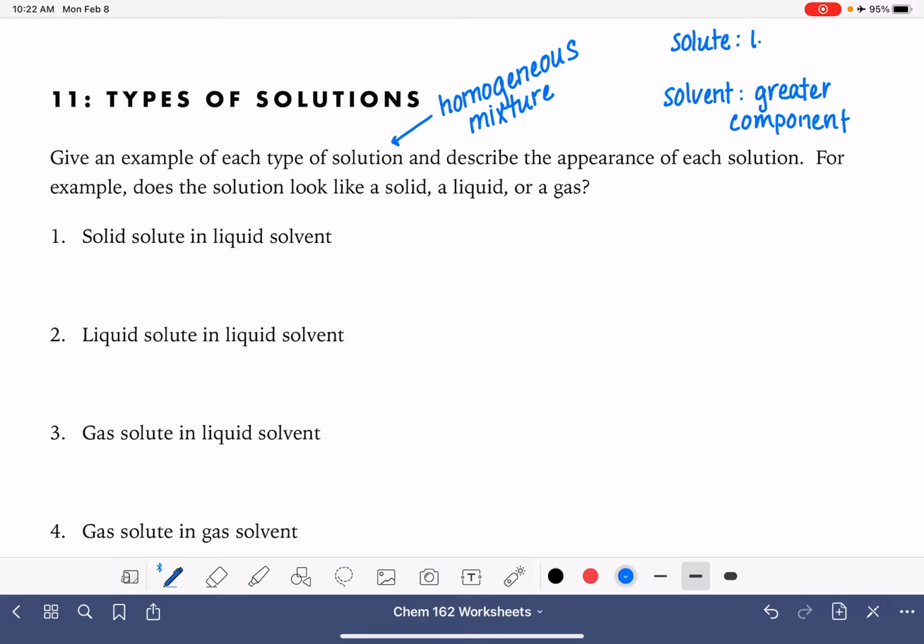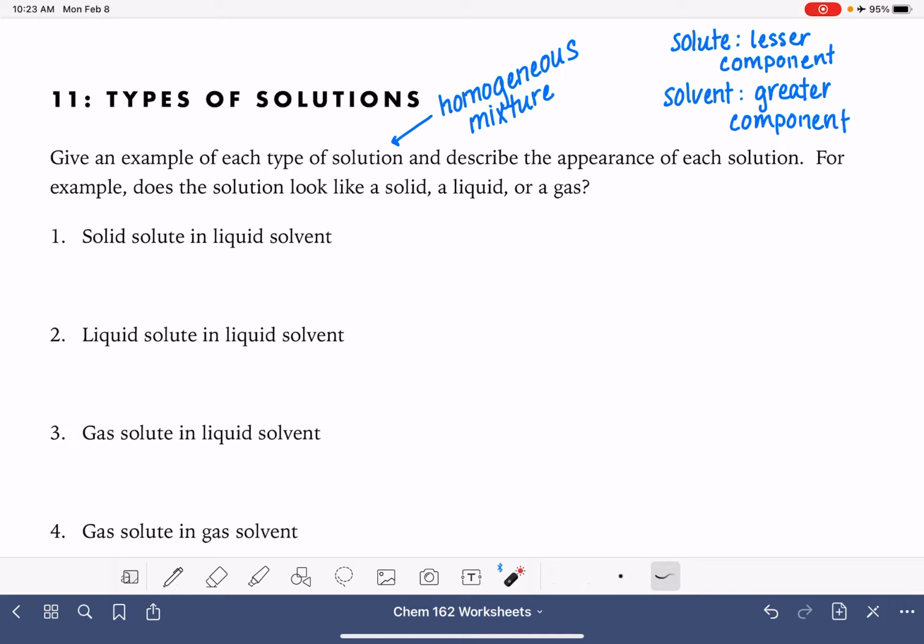And the solute is the lesser component, the thing that we have the least of. And in a solution, you can only have one solvent because you just have one thing that is present in the largest quantity, but you could have multiple solutes depending on how many different things were all being mixed together.